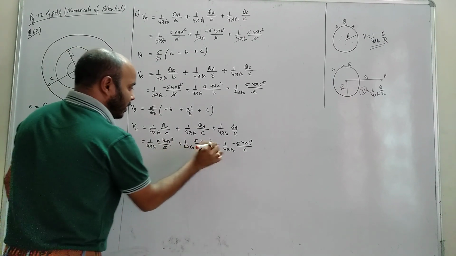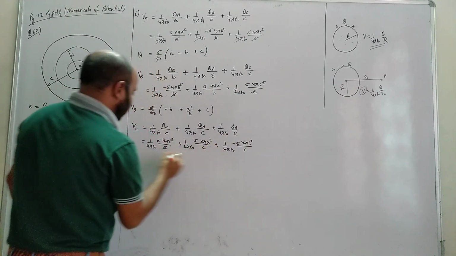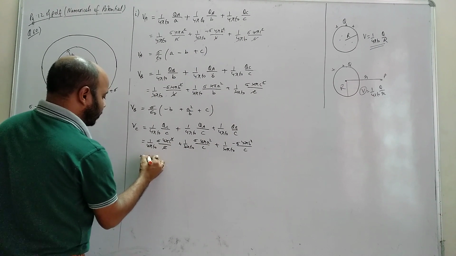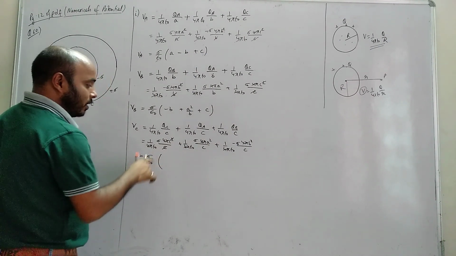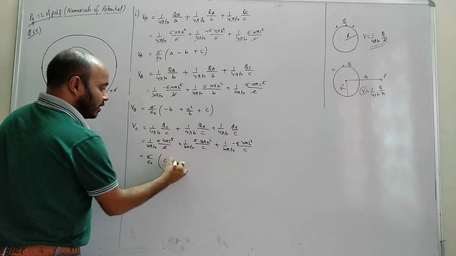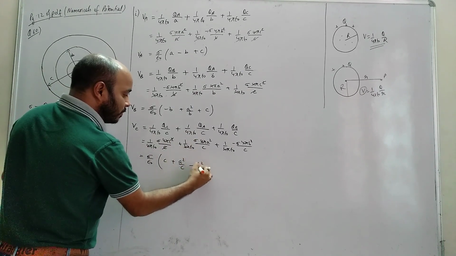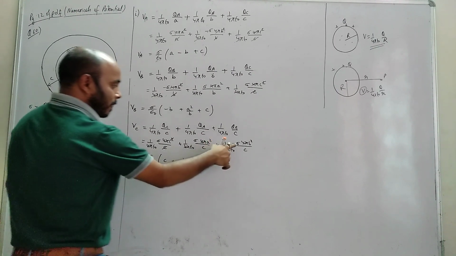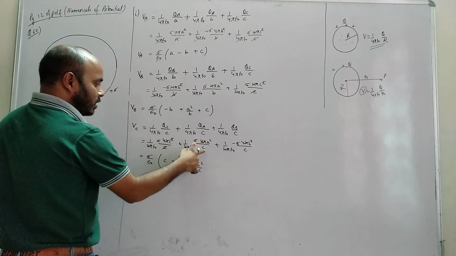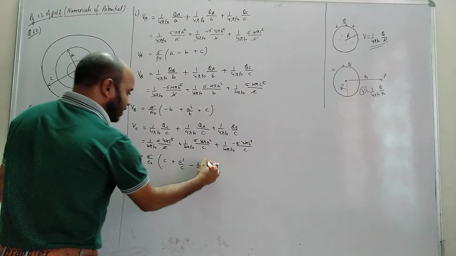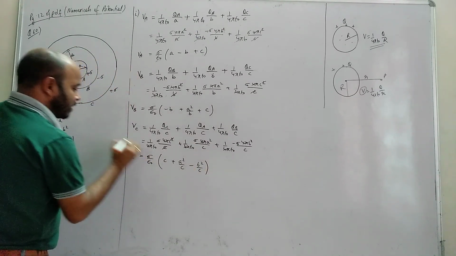So sigma by epsilon again coming out common. What is left here? C, here A square by C and here minus B square by C. You getting the idea, class? So now this is potential at C.